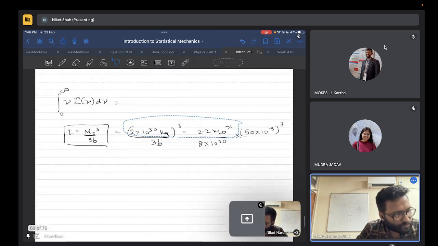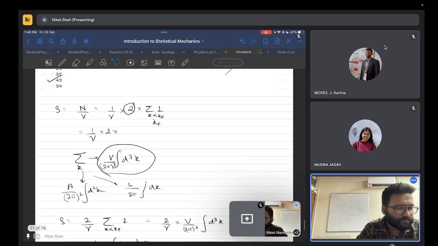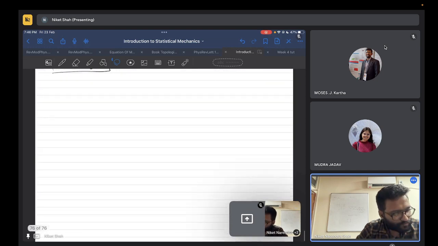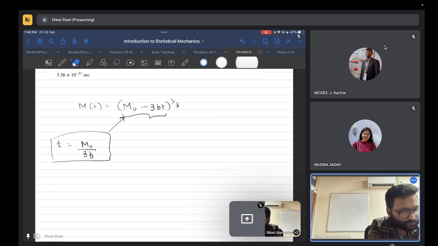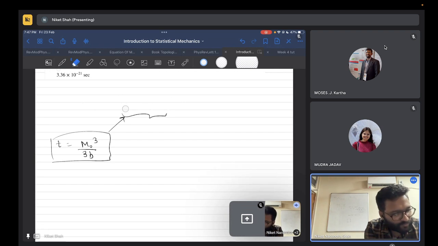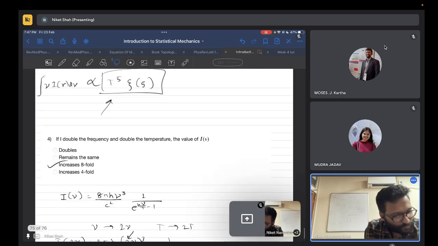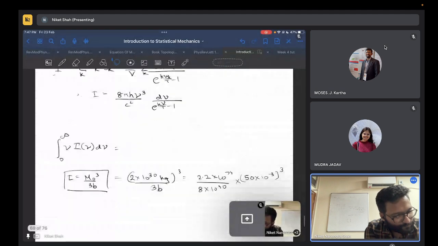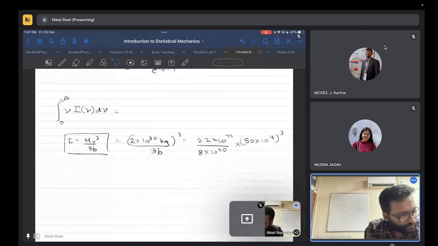Okay. I don't remember this. The expression comes out to m0 cube by 3b. So maybe I'm mistaken with this expression, but what I wanted to say was... Give me a moment with this. Yeah, this was it, and this is it.